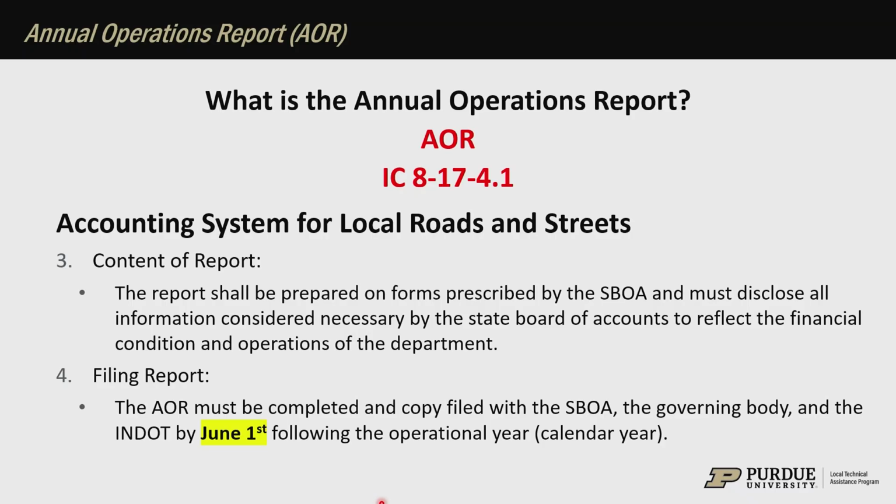The way that you submit a copy of that report is by submitting it to our data management system. I'll walk through that at the end of the presentation as well, but just wanted to mention that at this point.